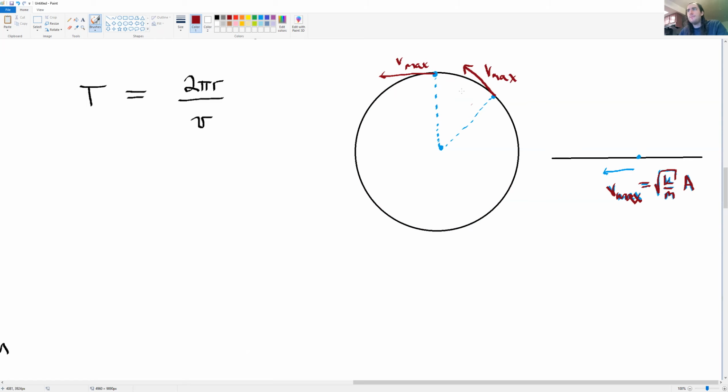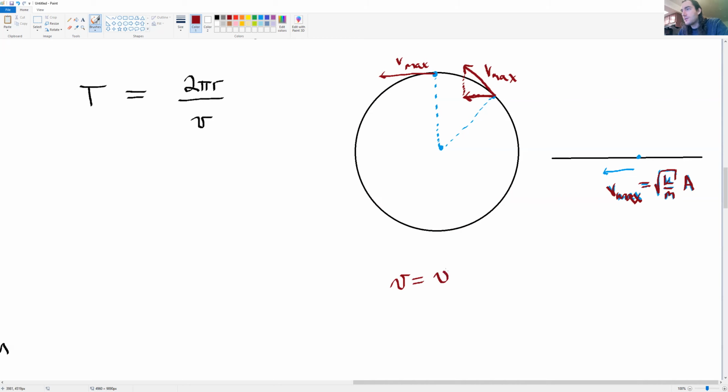It's the same V max, but if I project V max onto the x-axis, in other words, take the x component, I see that it's indeed the same as the function that we got earlier.